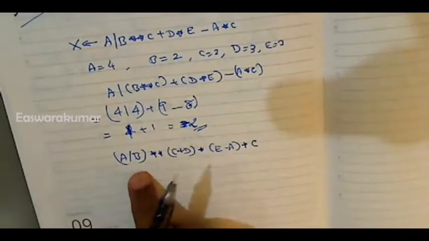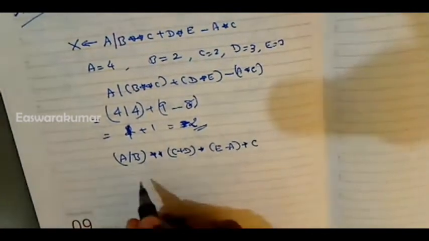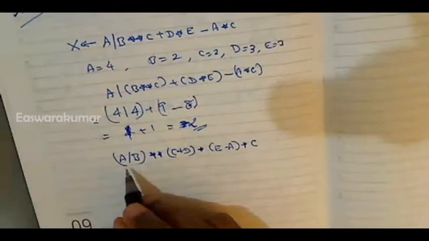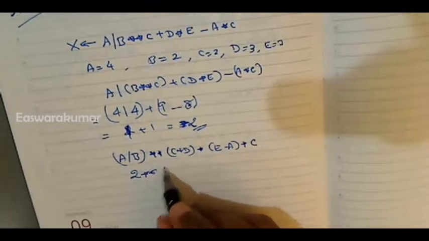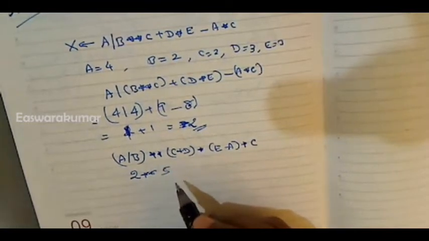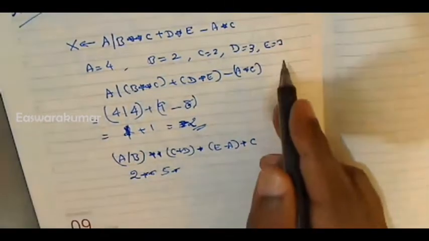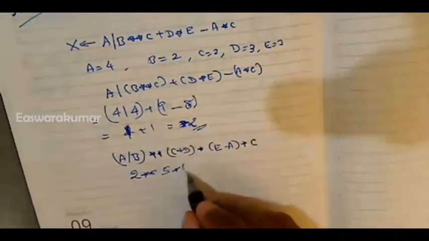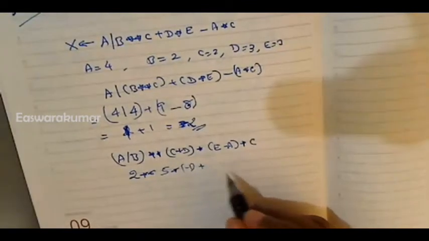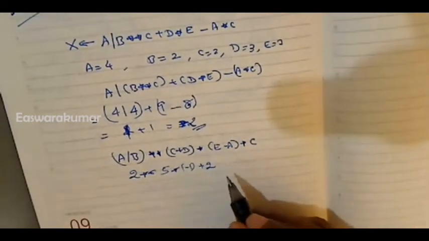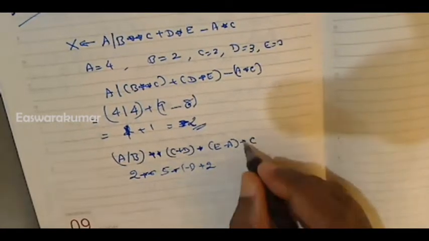In this case, a divided by b is 2, then star star, c plus d is 5, and star e minus a. e is equal to 3, a equal to 4, so that is equal to minus 1, then plus c equal to 2.